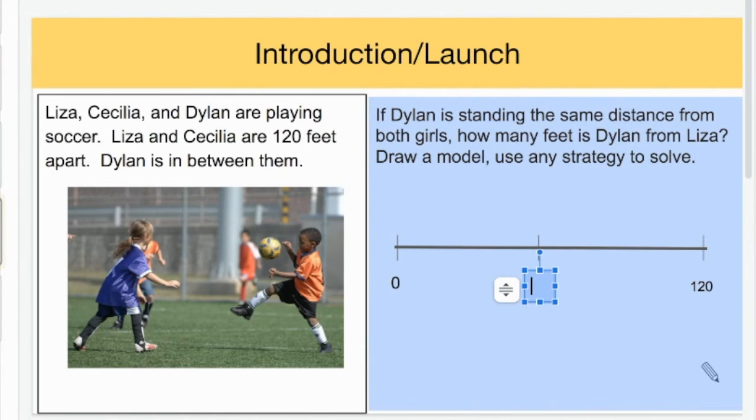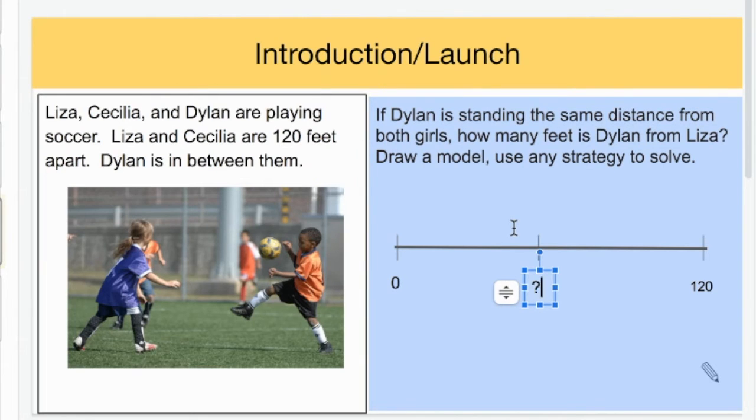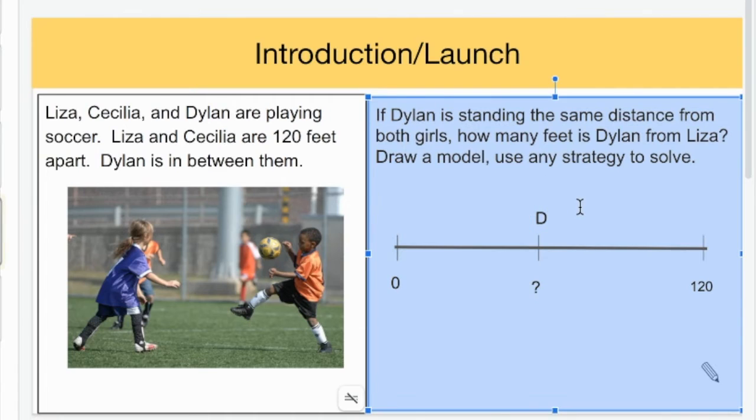That's the part that we are trying to figure out. So I am going to put here a question mark. But above that, I think we should also put a text box here with the letter D inside representing Dylan.